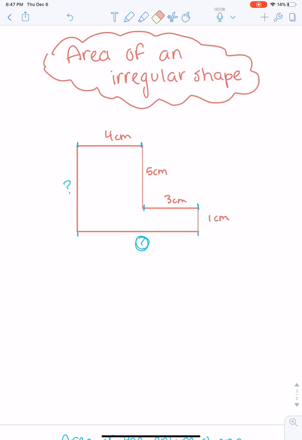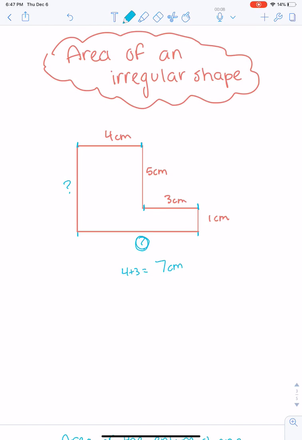So I am going to add 4 plus 3, and that will give me 7 centimeters. That's how I know my missing side is 7 centimeters.